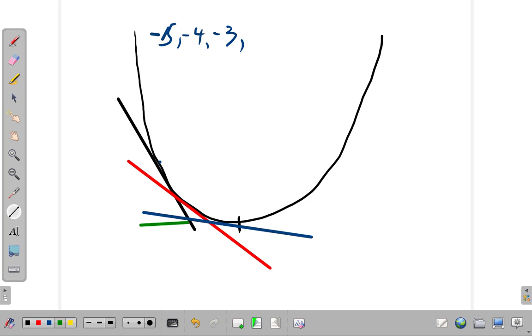Then, of course, at the stationary point it is 0. After you pass the stationary point, it went to 1, then it went to 2.